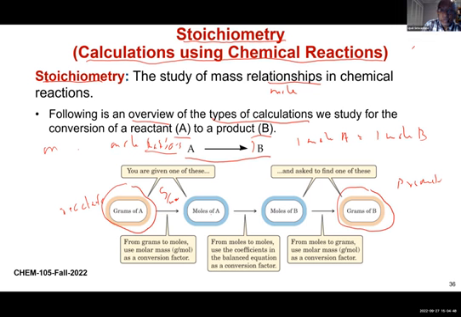Remember, you get moles of A. This is the grams of A divided by molar mass of A. Then you use the coefficient in the balanced equation. This is the conversion factor. You can use this as a ratio.